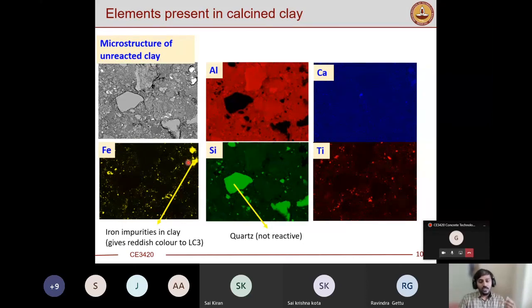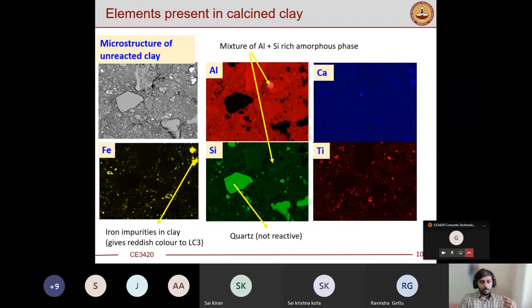Whereas if this impure clay is not used in cement, it will not be used in other major industries. For example, clay is also used in other products such as paint and ceramics, where they want a purer form of clay. They will not be able to treat this iron. So the iron which is present in the calcined clay is not going to react, but we are not really worried about it, right? The major focus here is to study how much of these reactive phases are present.